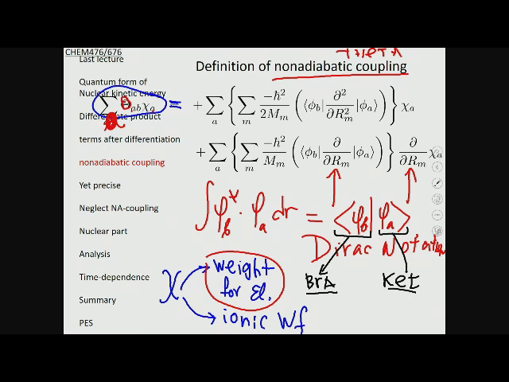Yes, please. What is adiabatic coupling and what is non-adiabatic coupling? I do not know what is adiabatic coupling. I have never seen this expression. This is an excellent question. I will try to think and find something.